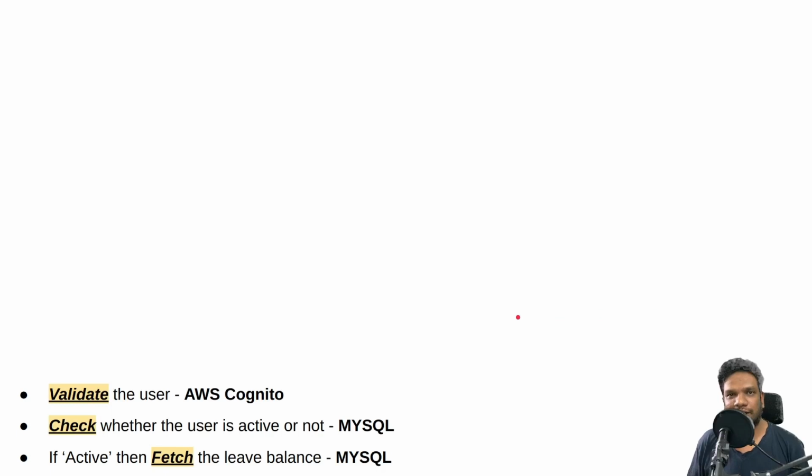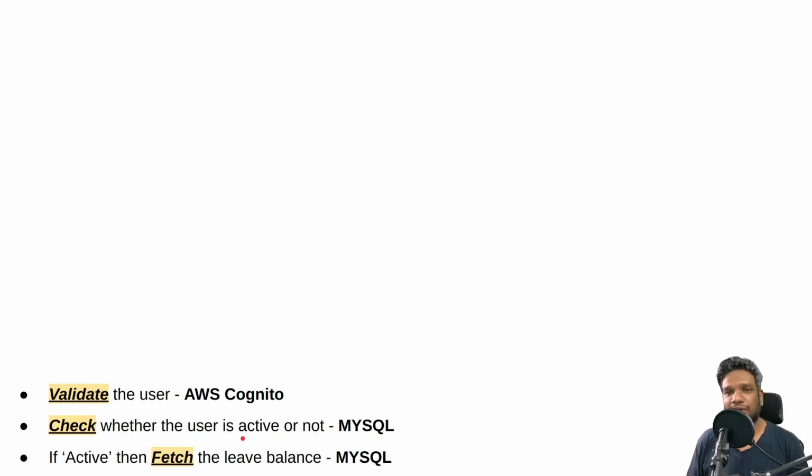The hypothetical technical requirement that I talked about is this. You can see on the screen, first we're going to validate a user using AWS Cognito, and then once we validate the user, we're going to check the database. The database that I'm going to use in this demo is MySql. In that we're going to check whether the user is active or not.